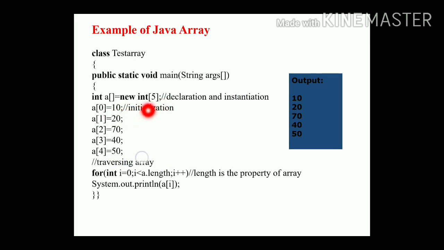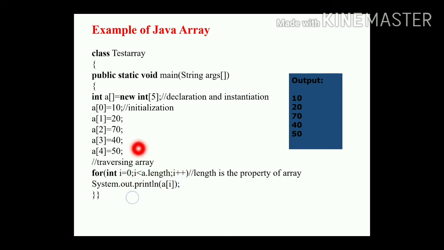This is the declaration of the array. The array size is 5. Here a[0] is 10. Earlier I mentioned that the array index starts from 0 itself. Because of that, a[0] = 10, a[1] = 20, a[2] = 70, a[3] = 40, a[4] = 50.